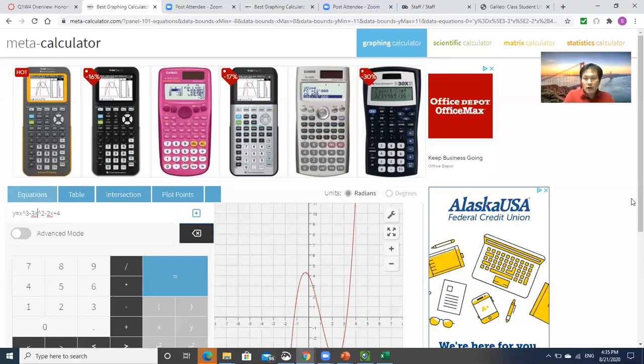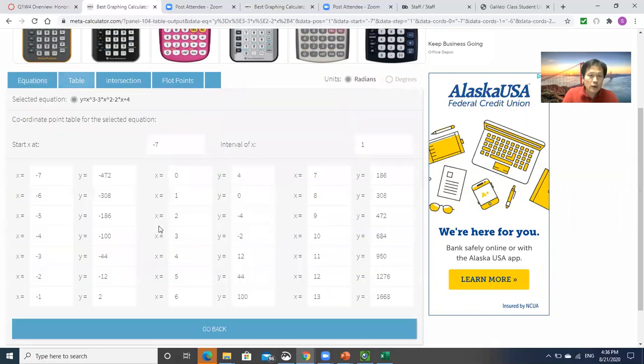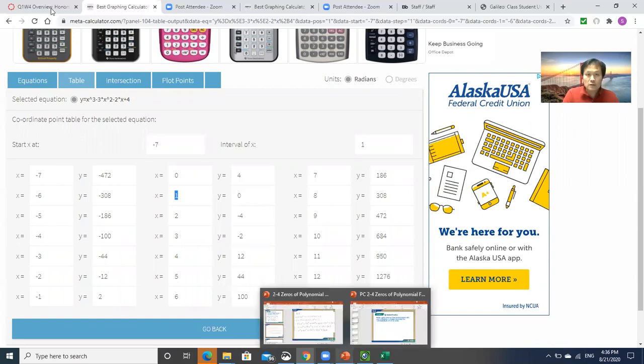Once you graph it, wherever it hits the x-axis is a zero. As you can see, some are decimals here. We got a nice integer right here, x equals 1. You can verify that in the table: x equals 1, the y value has to be 0. Yes, x equals 1 is the real zero, which is a nice integer. If you graph it, you get to see it.